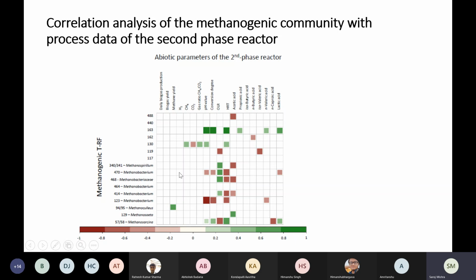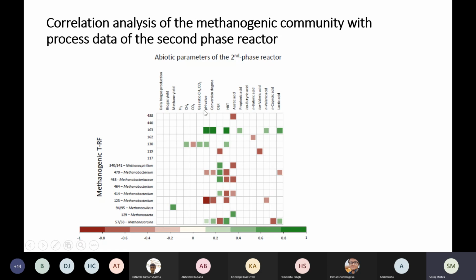But the correlation between what? The correlation is now between a process parameter and the presence of a given microorganism. So let's take the example here. These are the abiotic parameters of the second phase bioreactor.